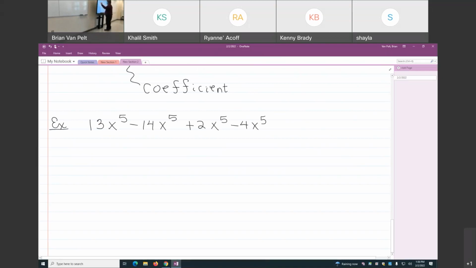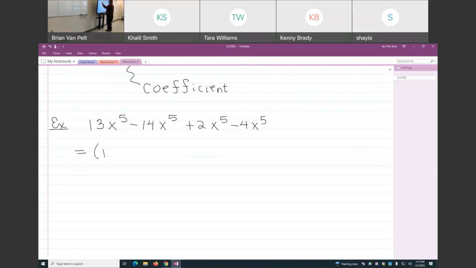So if I give you something as horrible as this, can you tell me what the net of all that is? When you do it, do you notice they're all like terms? They've all got the same chunk attached to them. You see 13 minus 14 is -1, plus 2 is +1, minus 4 is -1, it's 3.